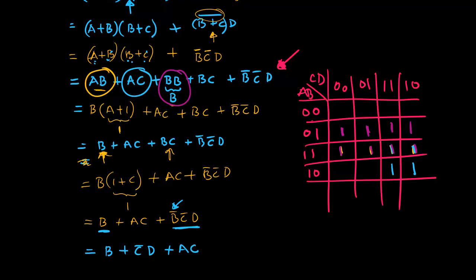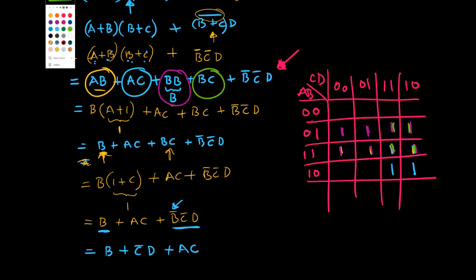The next term is BC. So anywhere that B is 1 and C is 1, but because I filled in all the B's, it's these 4, but they're already filled in. Okay, and the fact that we're covering ground that's already been filled in definitely tells us that something can be simplified here.